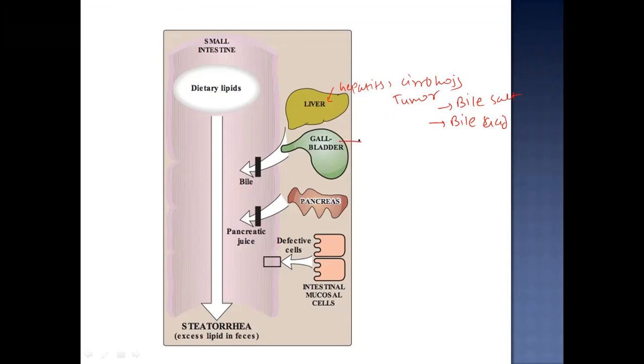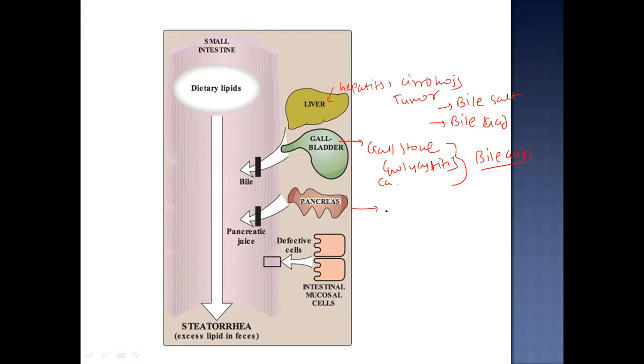Suppose there is a disease of the gallbladder, such as gallstone, or cholecystitis, which is the inflammation of the gallbladder. Or suppose there is a carcinoma, then also there will be hampering in the release of bile acids.